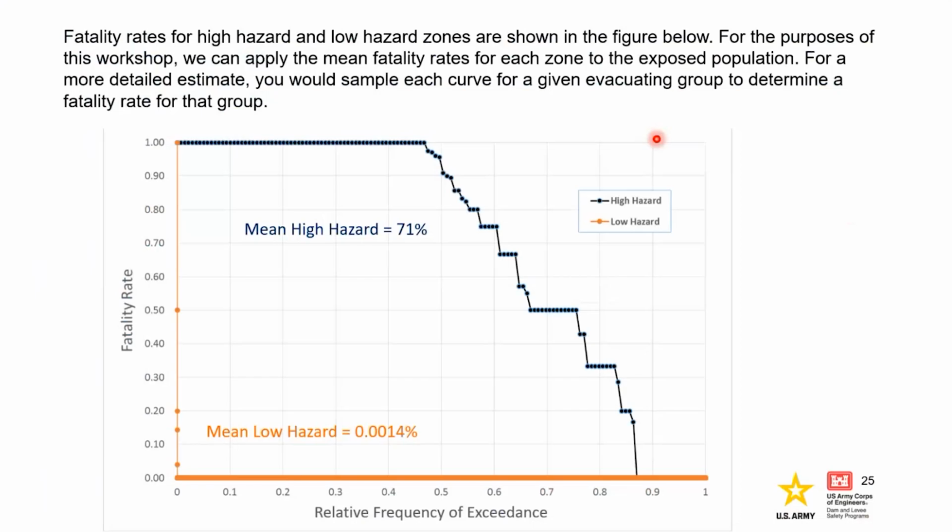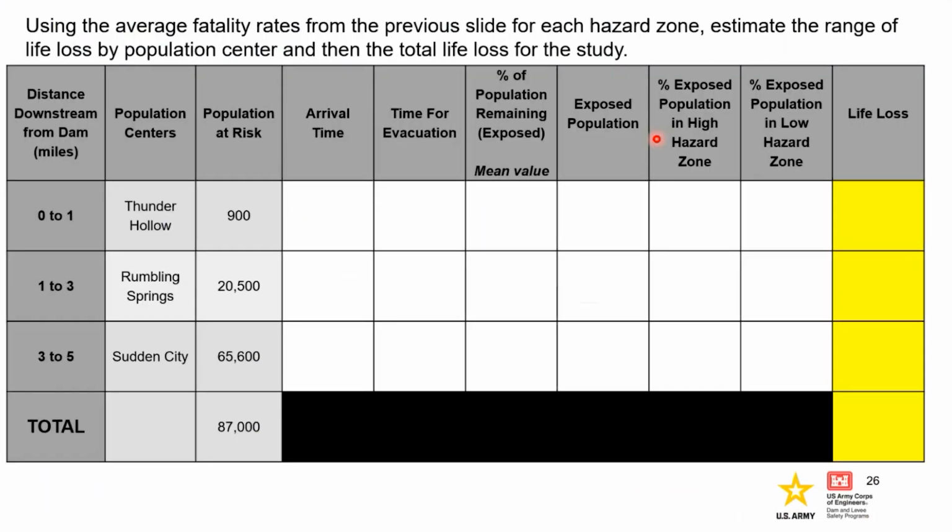So this is what we were talking about before, right? Lyson will sample each structure individually. Sometimes all the occupants in the structure will die, sometimes 0, sometimes in between, if they're in that high hazard. For low hazard, almost always everyone will make it out okay, but there are rare cases where some or all people will perish.